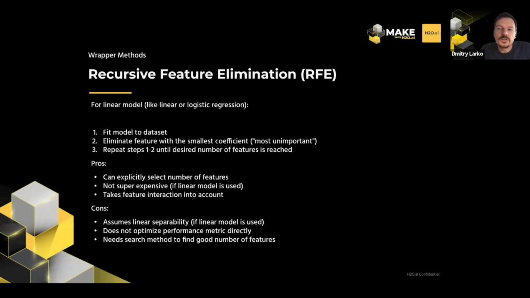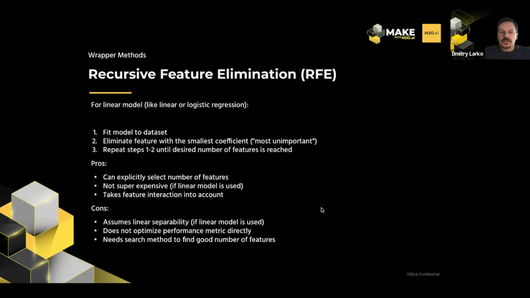It's not a very expensive algorithm to run if a linear model is used. It also takes feature interaction into account, because you constantly and slowly remove the features one by one. You don't remove a chunk of features at once, because as soon as you remove the least important feature, the whole distribution of importance, for example in a forest, might change. And at the next step, you might remove not the same features you would have ended up removing in the first place.